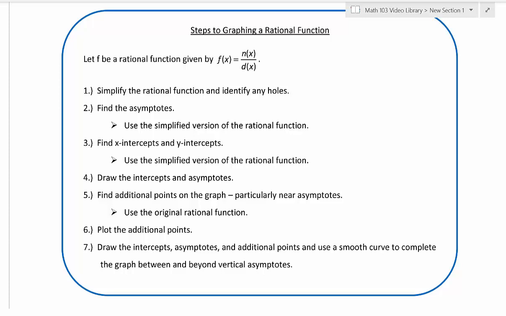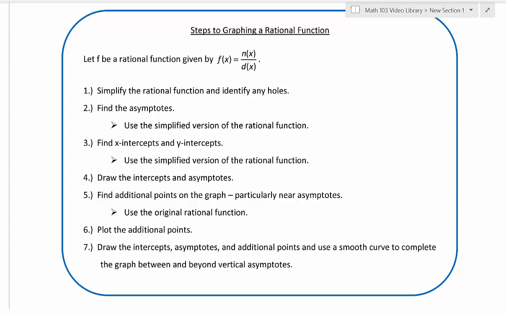Fifth, we're going to find additional points on the graph, particularly near the asymptotes. The way that we're going to get these additional points is simply by creating an XY chart, choosing X values around our vertical asymptotes, and then finding corresponding Y values.